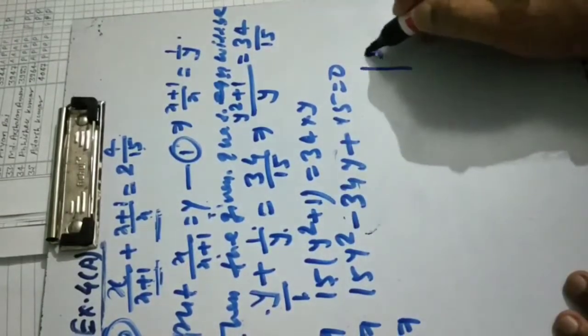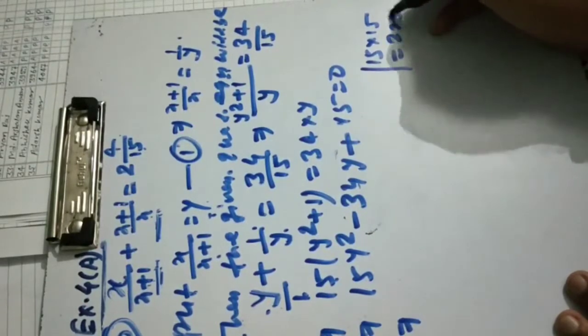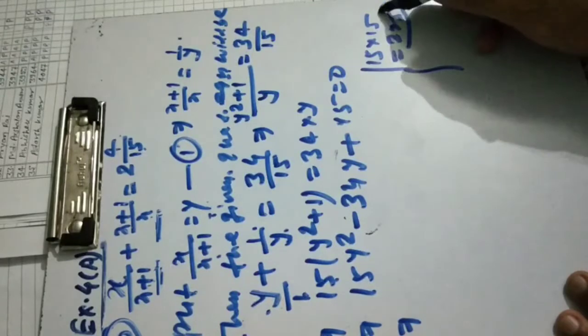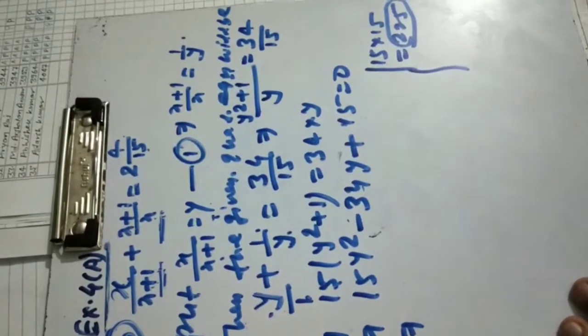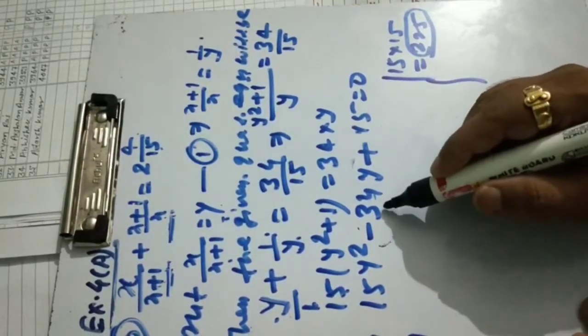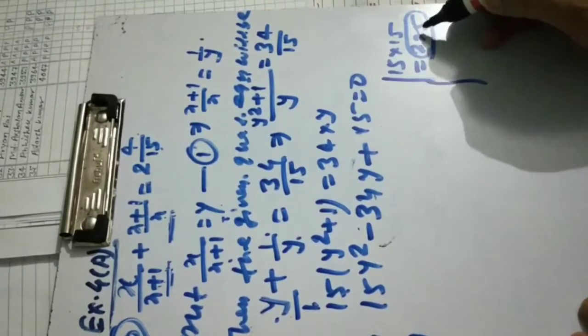So 15 multiplied by 15 will be equal to 225, and now from the factors of 225 we have to choose two factors whose sum is equal to minus 34 and product is equal to 225.